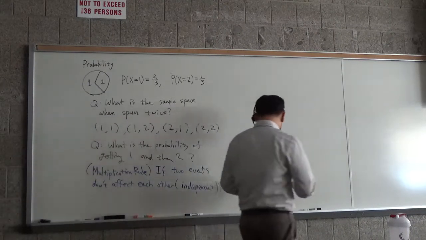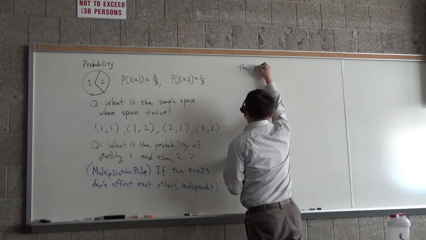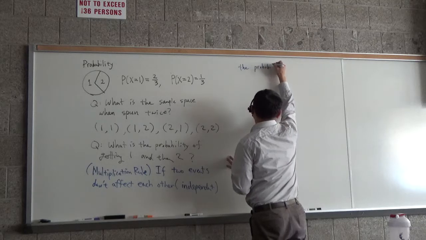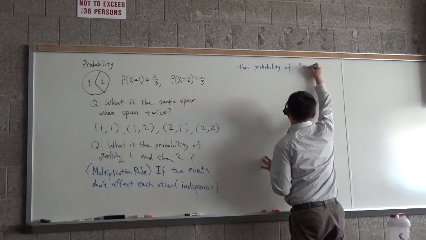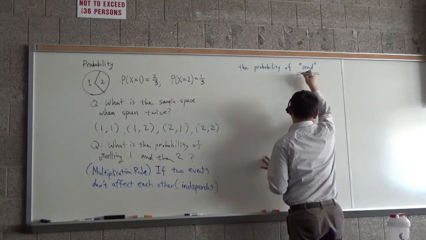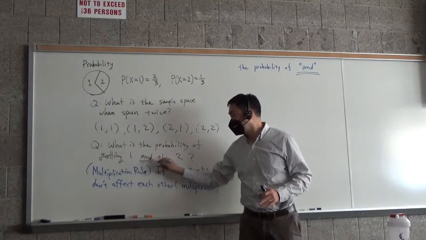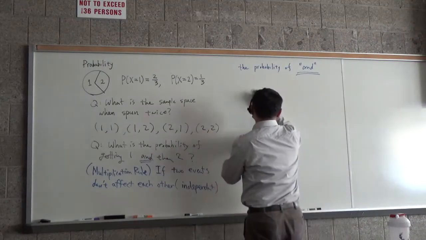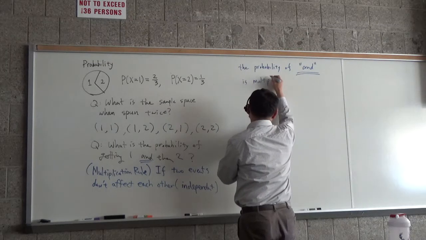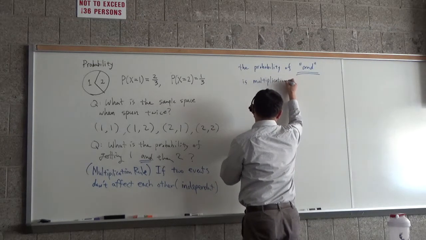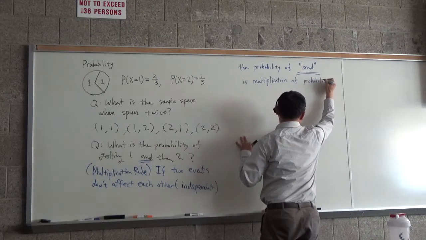2 events are independent. And in that case, the probability of both happening, and actually that's the important part, it's the word and, okay? Right here, and. And is multiplication of probabilities.